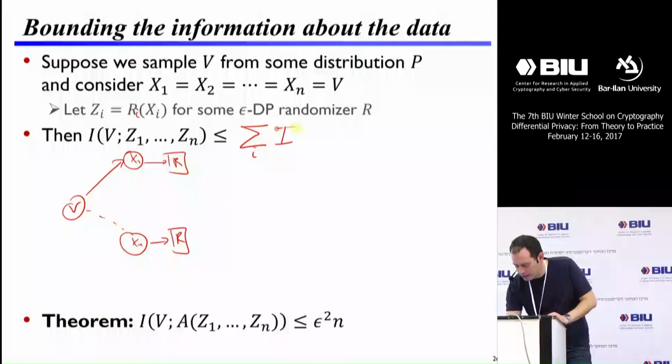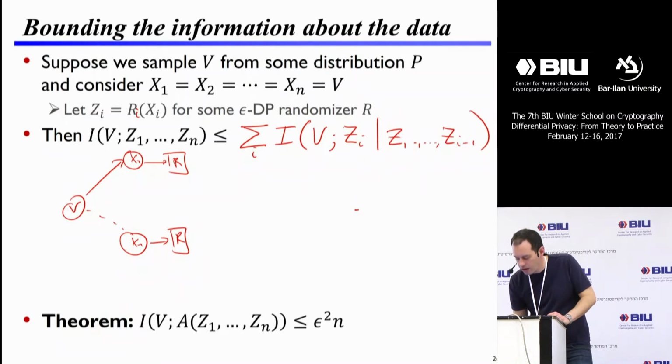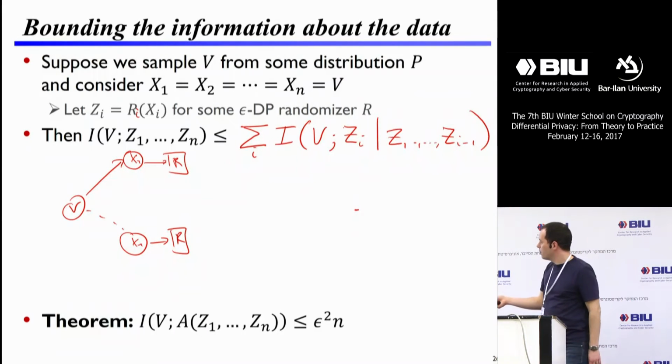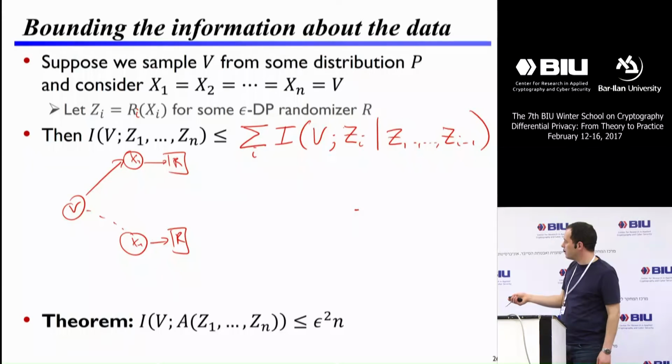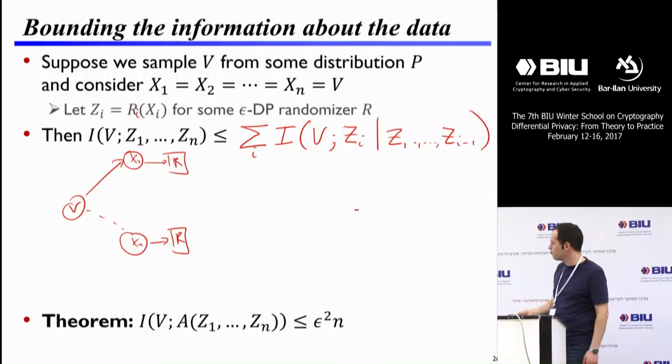That gives us the following statement: the mutual information between v and the collection of the zi's is at most the sum of the mutual information between v and each of the zi's individually, conditioned on the past zi's. Okay, so there's some conditioning statement.